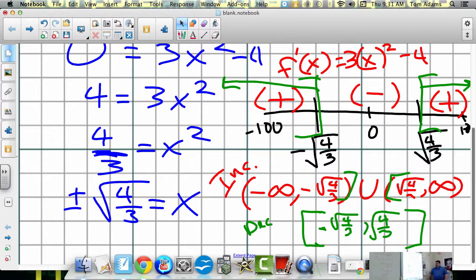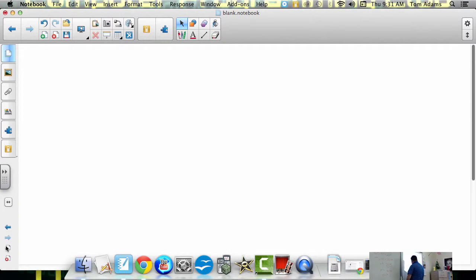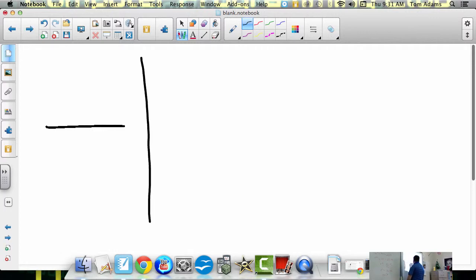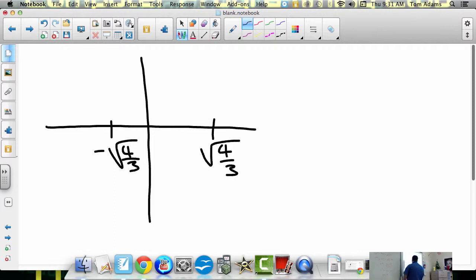Now, I said it's increasing all the way up to the negative root 4 over 3, then it decreases, then it increases. Now, if I were to graph that, it should look like this, right? I'm not quite sure, but I know at negative root 4 over 3 and at root 4 over 3 here, what did I say it was doing here?